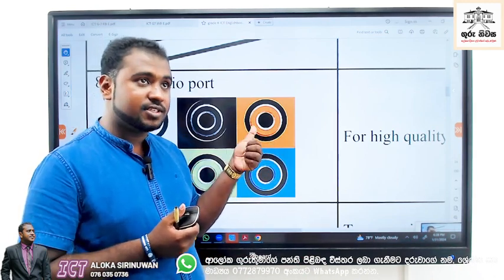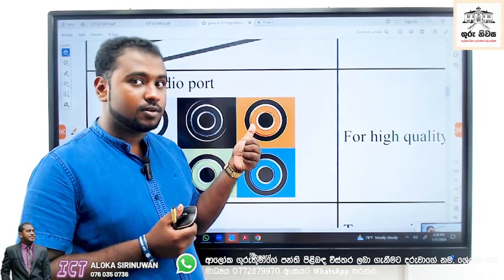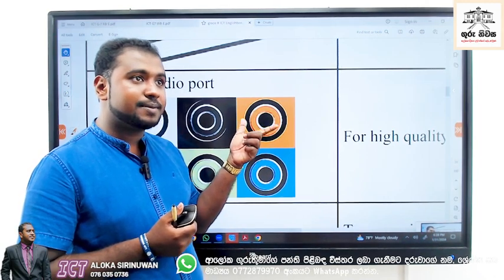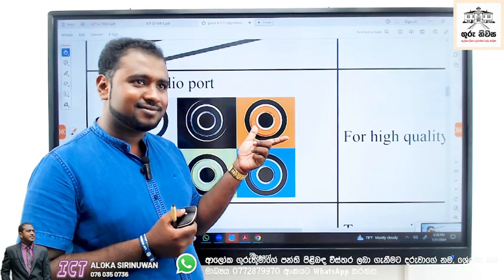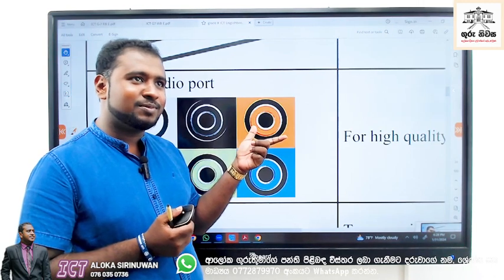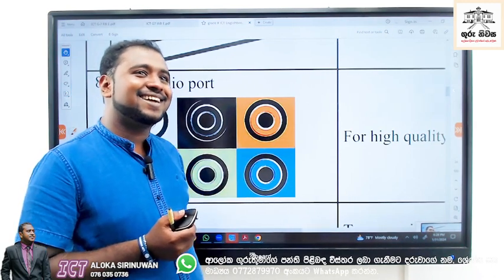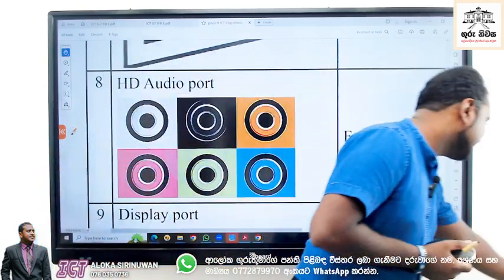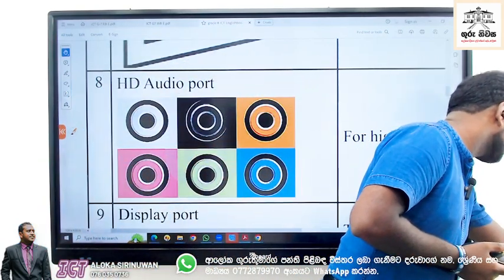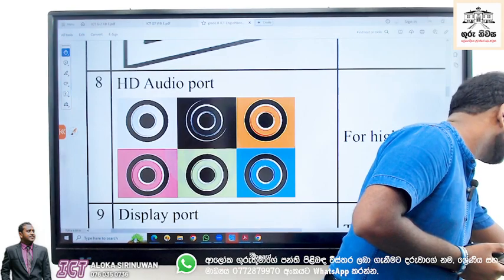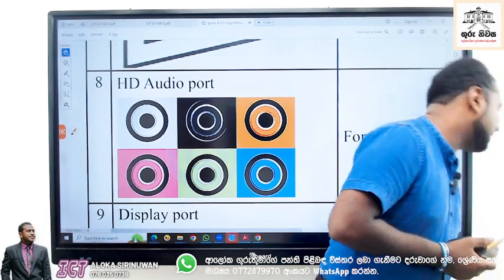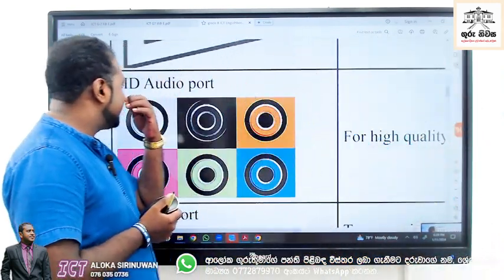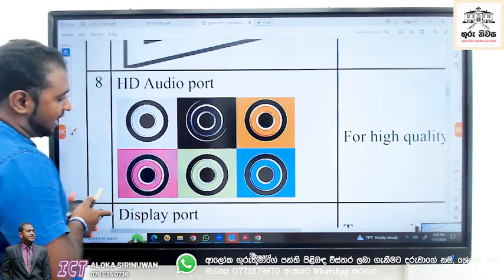What is the first version? Onboard sound card and the separate sound card. Yes, there are two versions, onboard and separate.